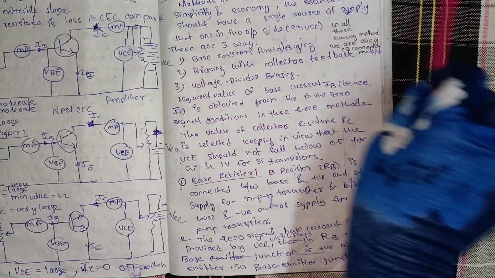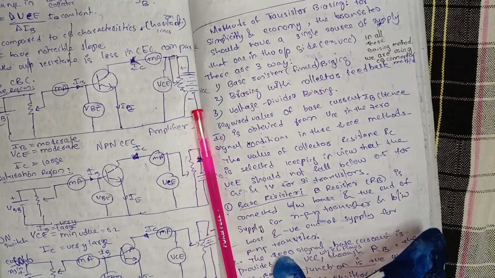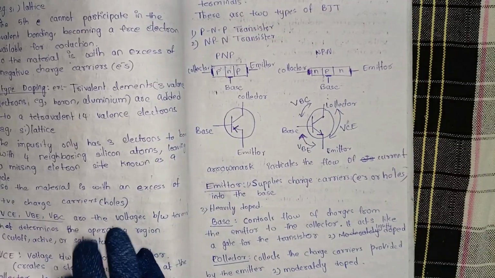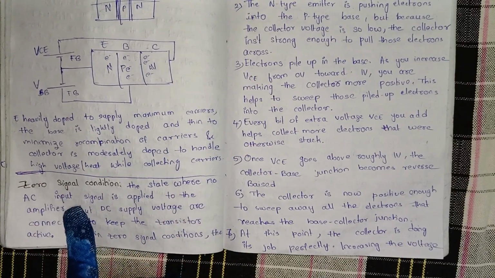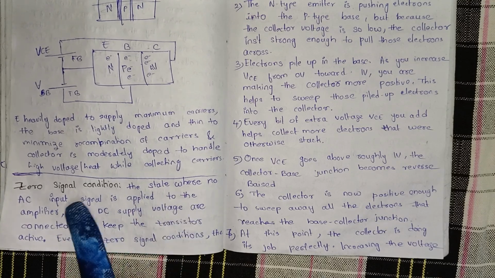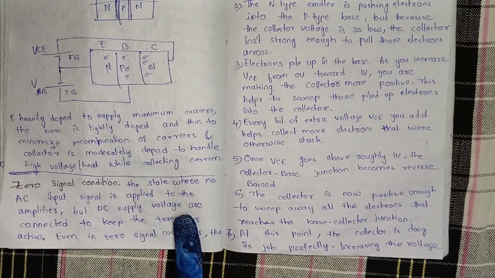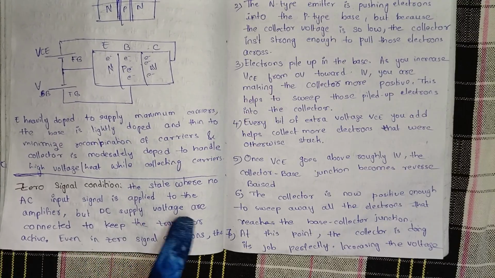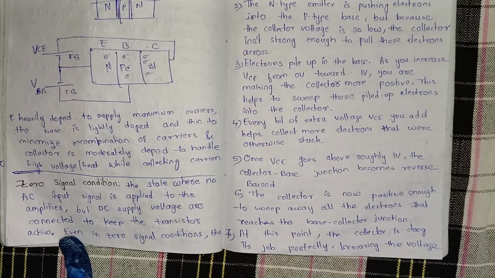Zero signal condition means the state where no AC input signal is applied to the amplifier, but the DC supply voltages are connected to keep the transistor active.